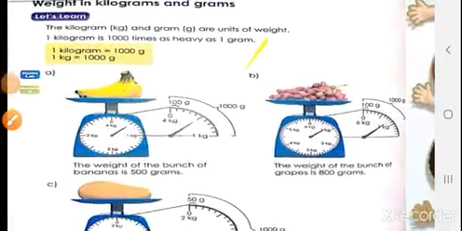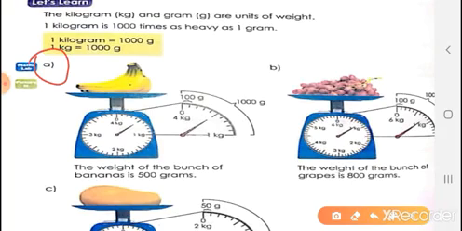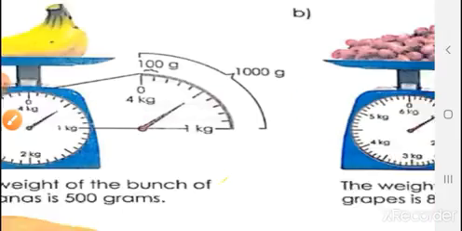Now can you look at this picture? That is A. Look at the scale marking on the weighing scale. Can you see this?